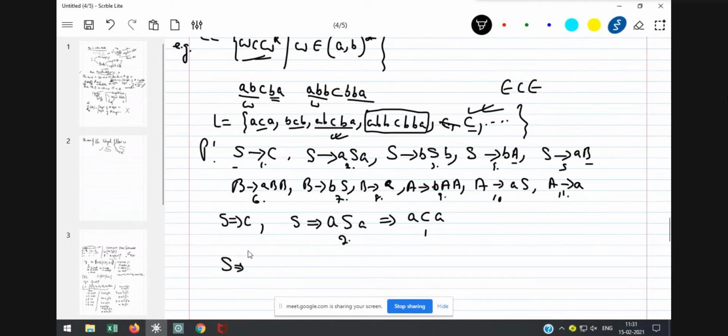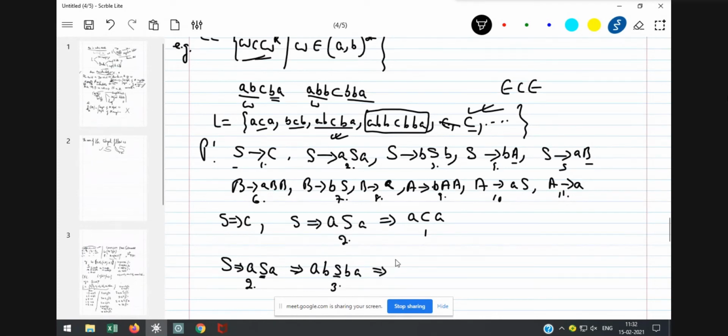S. What is this? A, B, B, C, this one. So let me start A, S, A. What about this S? S, B, B, B, B, this one. So let me just use, I have used number 2. Next one is B, S, B, A. So this is which one? 3.